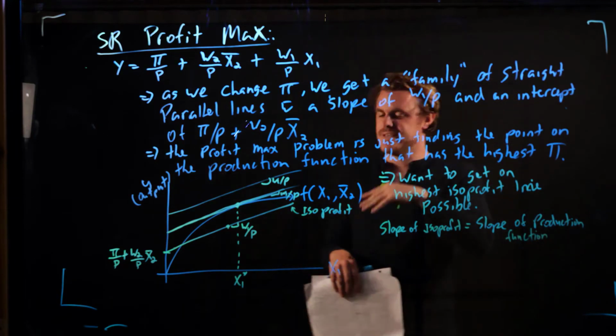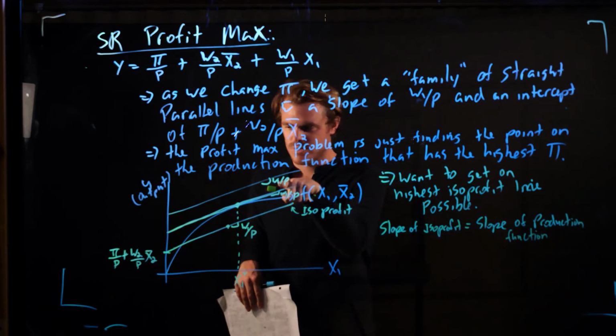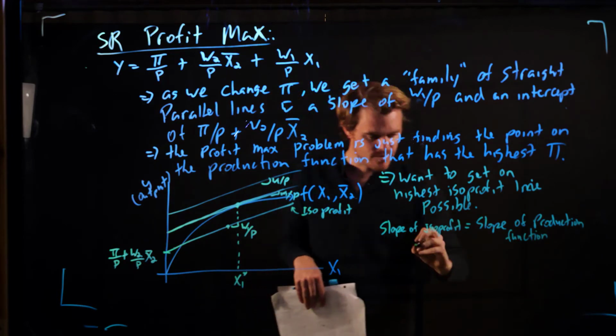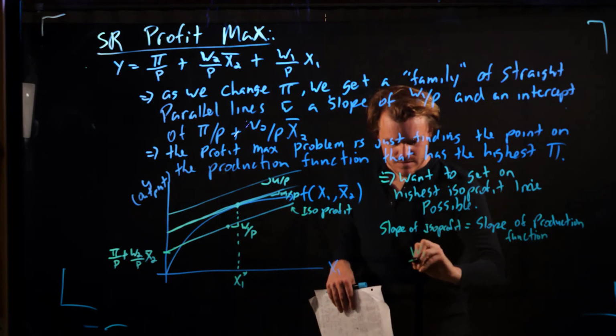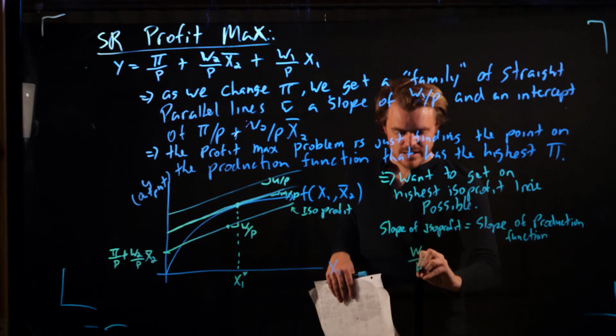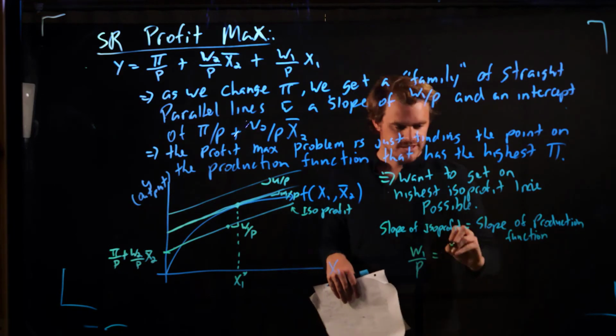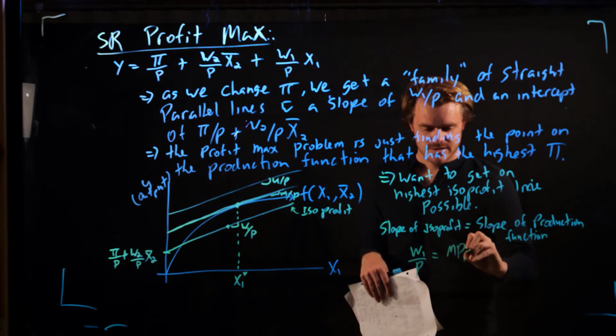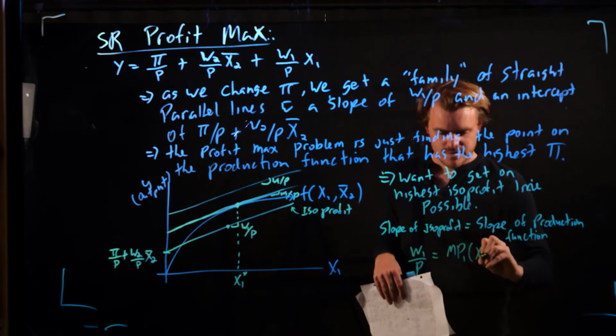Well, this is going to be exactly what we got before. The slope of this iso-profit line is W1 over P. And the slope of this production function is the marginal product of input 1.